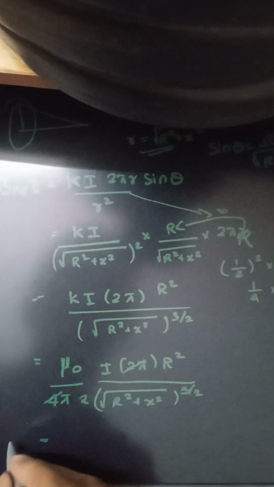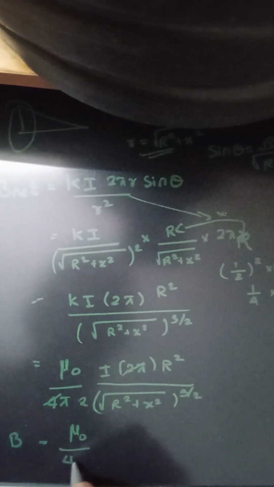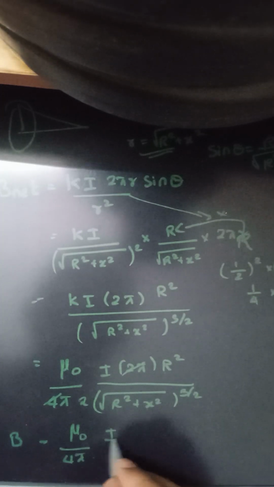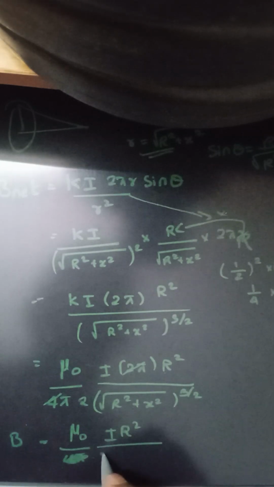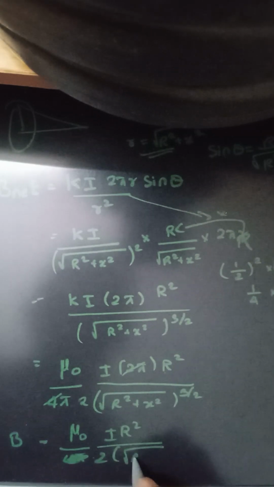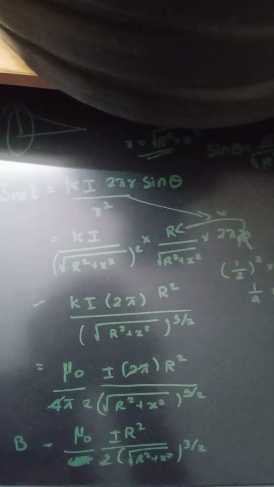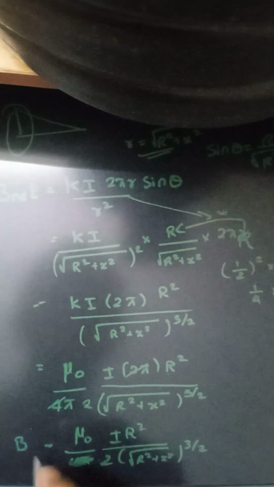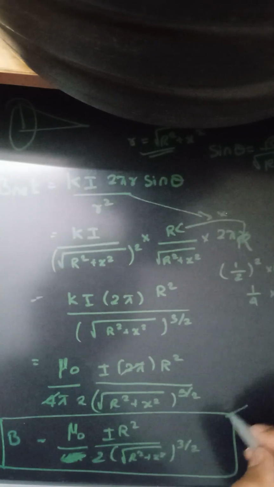Then the final equation of B equal to mu naught by 4 pi into I r square by, it's not 4 pi, sorry, 2 into root over r square plus x square whole power 3 by 2. So this is the final equation for the special case number 2. Okay guys, see the derivation, and then we will be solving some questions.